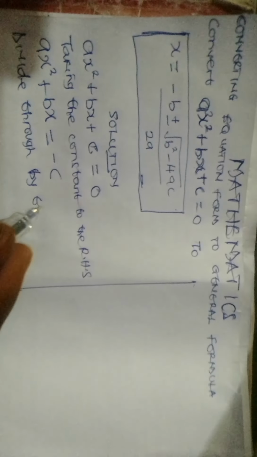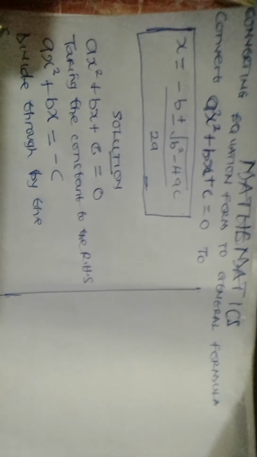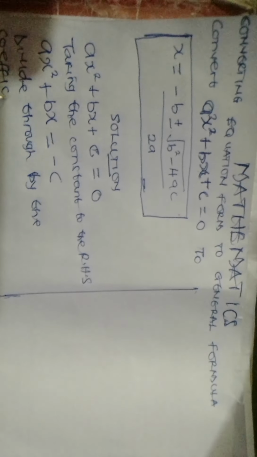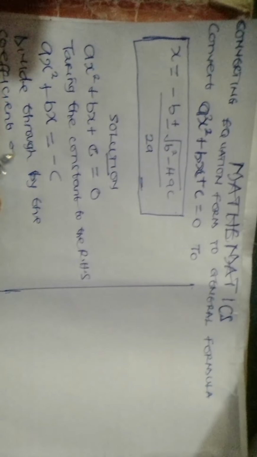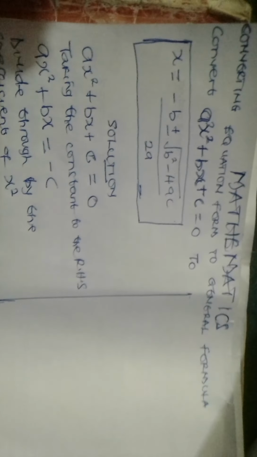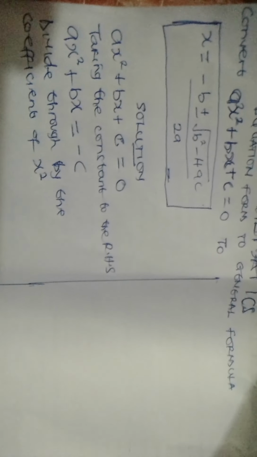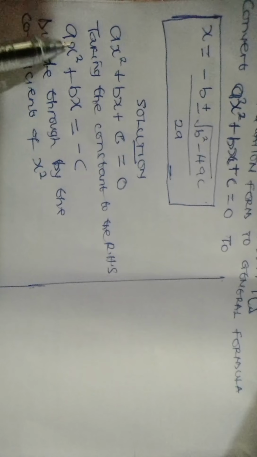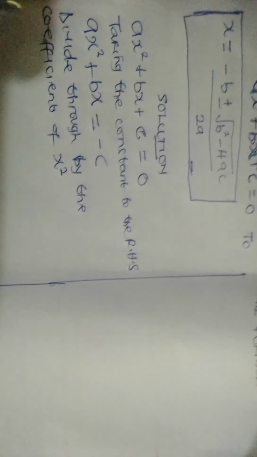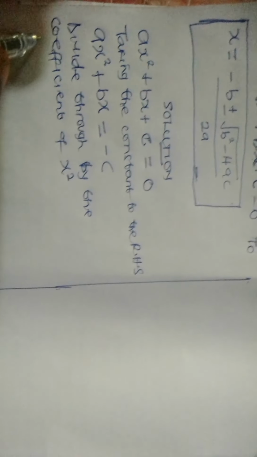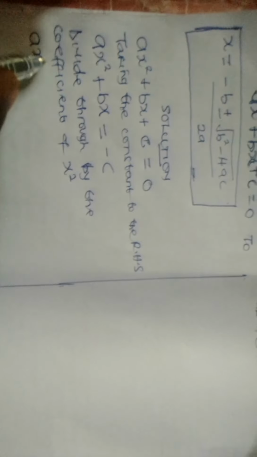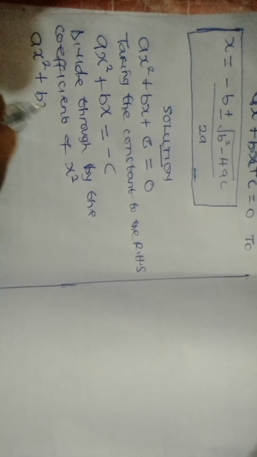Okay, now from this point, the next thing we do, we said divide through by the coefficient of x squared. Take note, coefficient of x squared. What is the coefficient of x squared? The value at the side of x squared. So we should divide through. So we now have ax squared plus bx equals minus c.